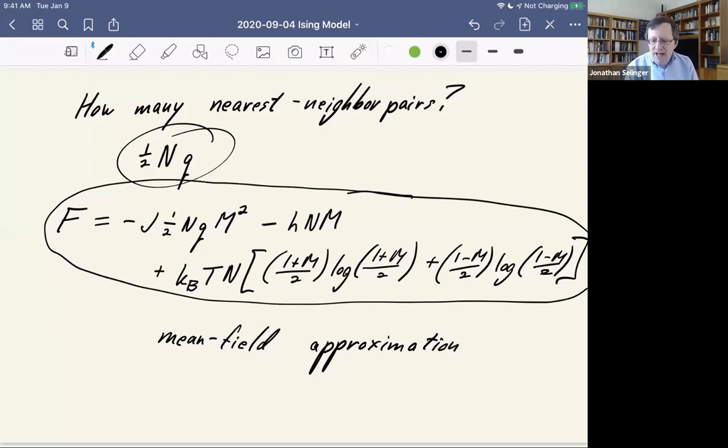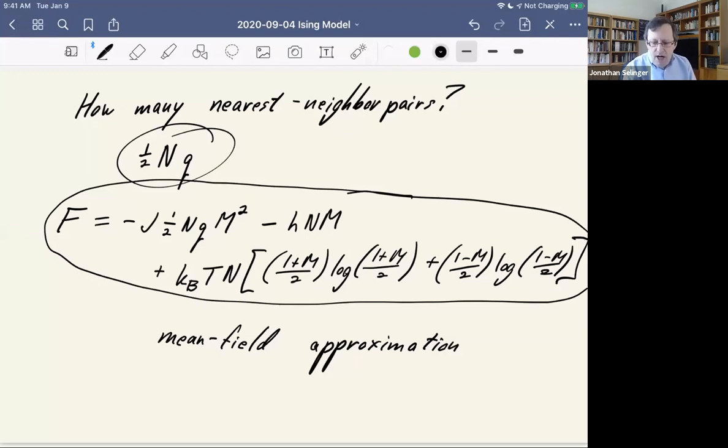There is an exact solution for the specific case of a 2D square lattice, but that's kind of a unique, one-of-a-kind solution, and there is not a solution in general for other dimensions or other types of lattices.